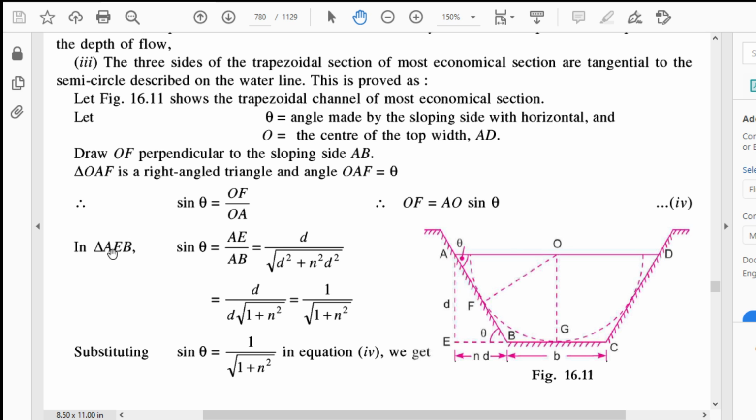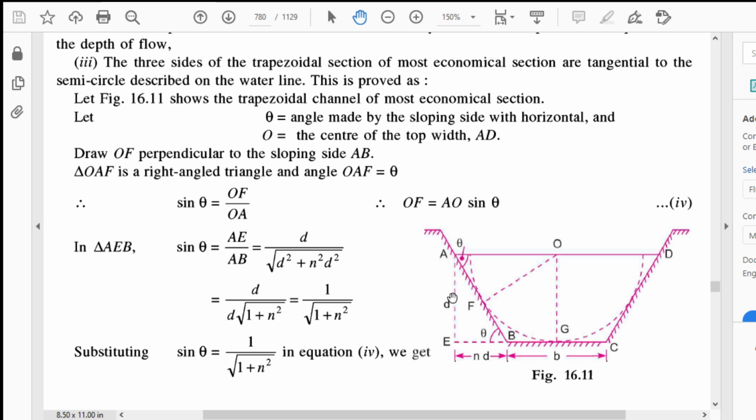Now in this triangle AEB, the sine theta value is again the same: opposite side, that is AE, divided by hypotenuse AB.